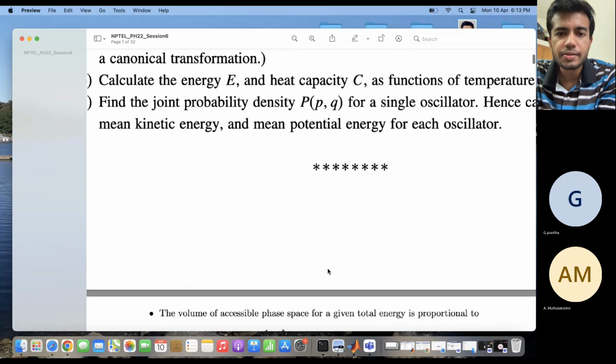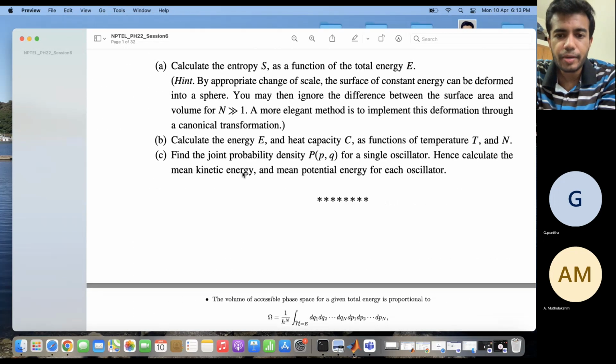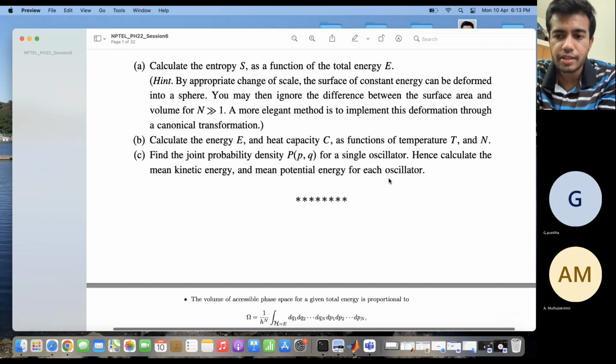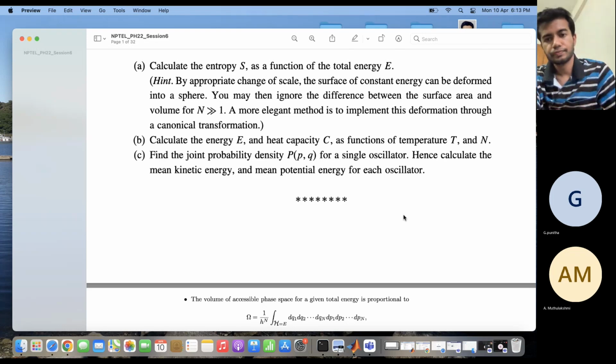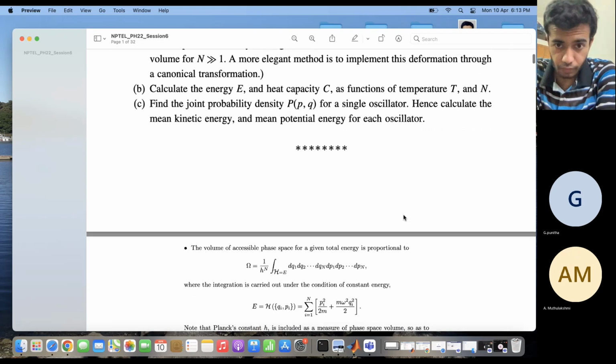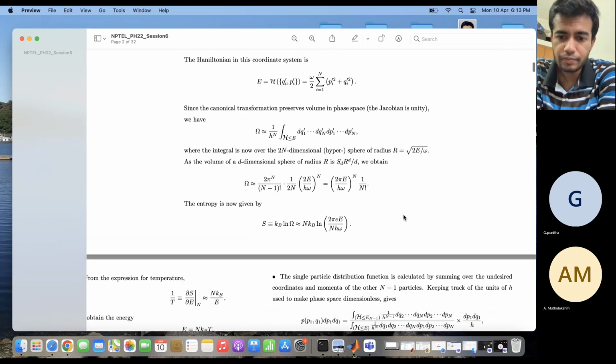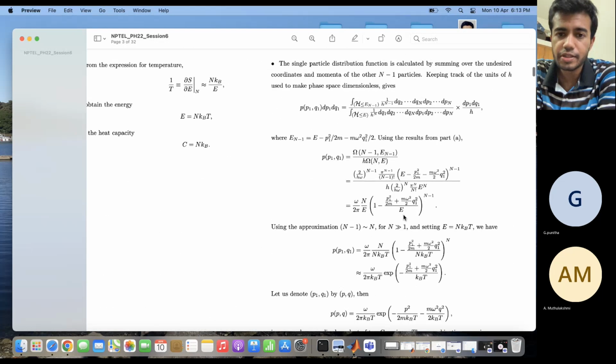Okay, and the next question is to find the joint probability density for a single oscillator. Hence, calculate the mean kinetic energy and mean potential energy for each oscillator. So we have to first find the joint probability density for a given oscillator.